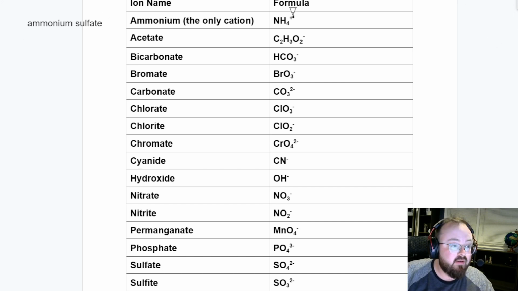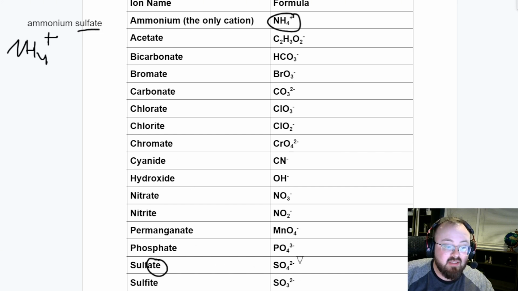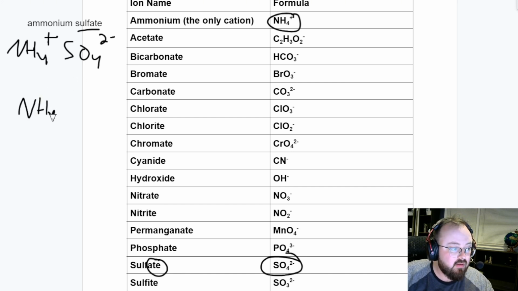Ammonium is right here, and the chemical formula is NH4+. Sulfate down here ends in -ate, so it's one of these. It's SO4 2-. We have to do the crisscross method to get this chemical formula, so we're going to write out NH4 and SO4, and keep all this stuff here.